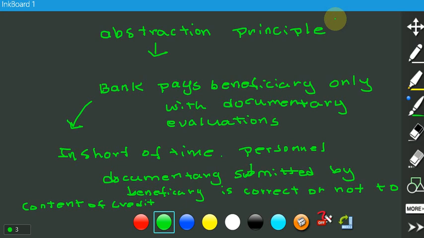Some drawback of this system is that there might be international fraud or deceptions of sending an empty container without any real article inside it.